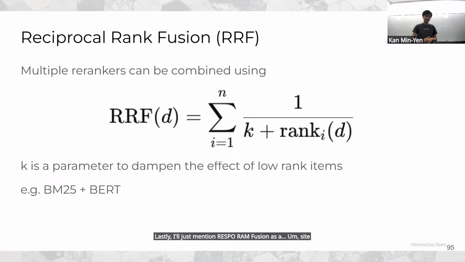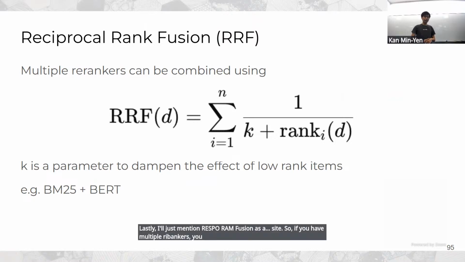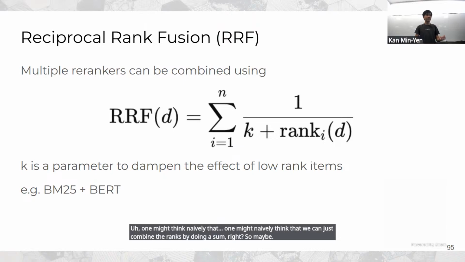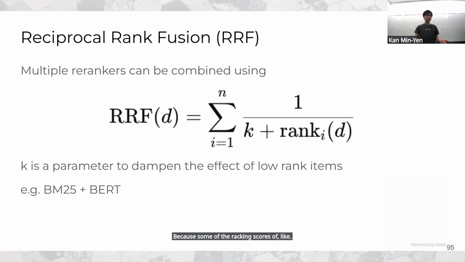If you have multiple re-rankers, you can combine them in the following way. One might naively think that we can just combine the ranks by doing a sum, so maybe we just sum up the ranking scores, like 1 + 2, 1 + 3.